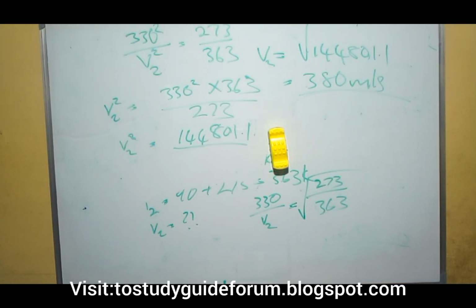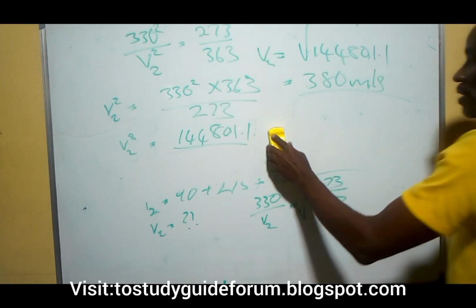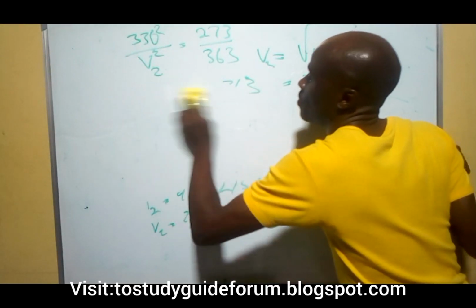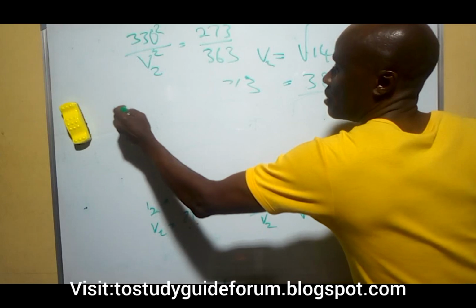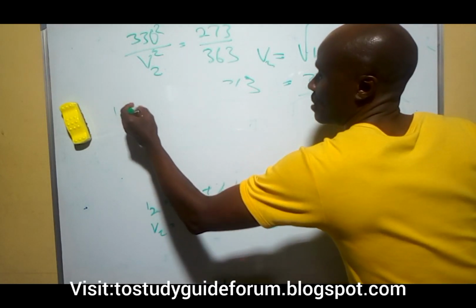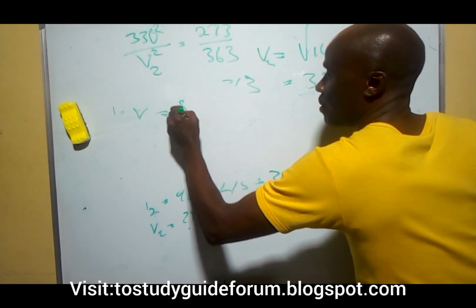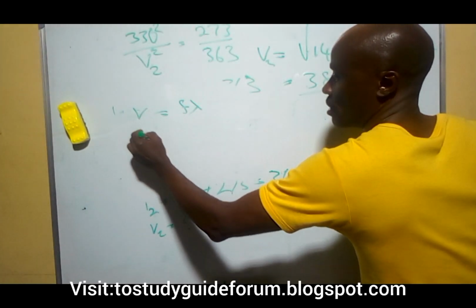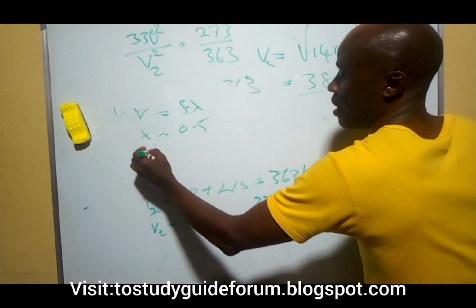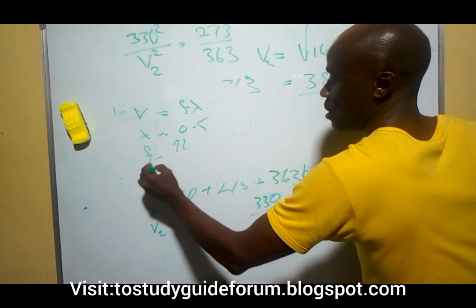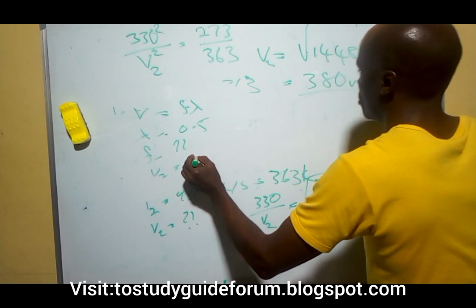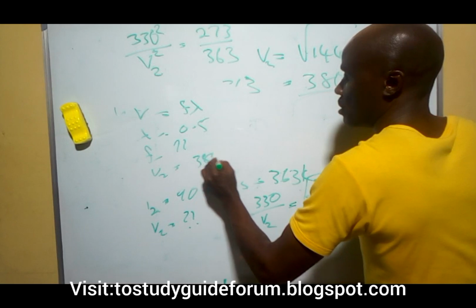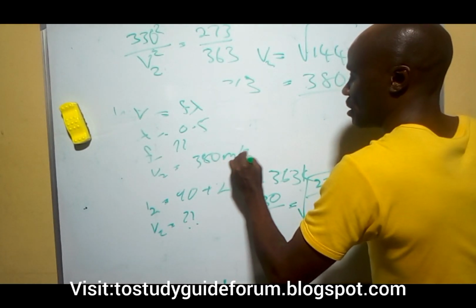Now, since we are looking for the frequency, we were given the wavelength, that is the lambda. We know that frequency is always this, and velocity is always this. Then the wavelength is given to us as 0.5, and the frequency is unknown, and our velocity now is 380 meter per second.